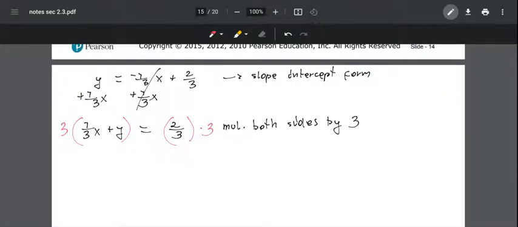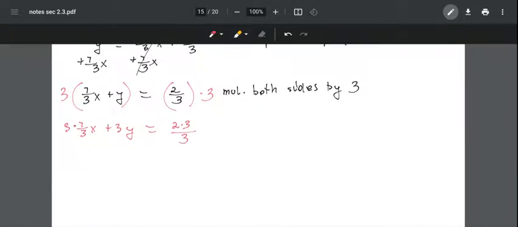That will give us 3 times 7 over 3 x plus 3y equals 2 times 3 over 3. Simplify, and we're getting 7x plus 3y equals 2. So this is the standard form.